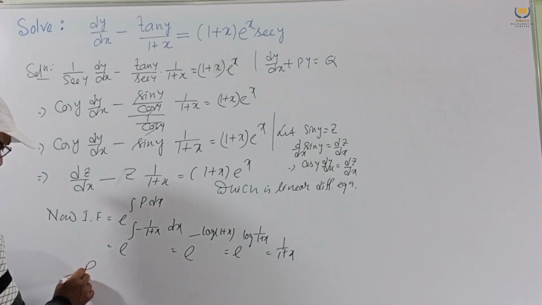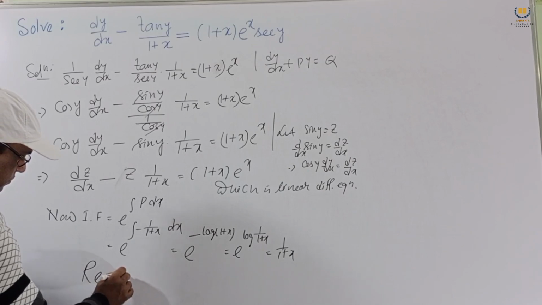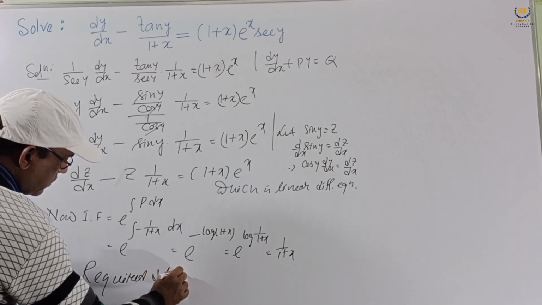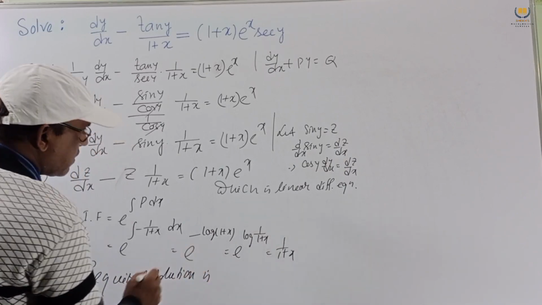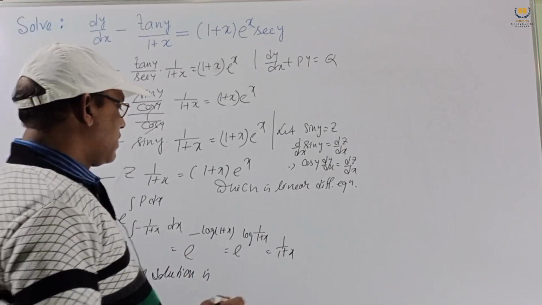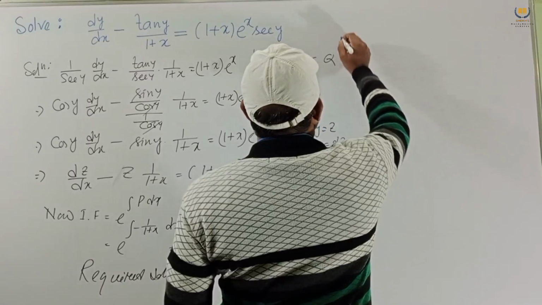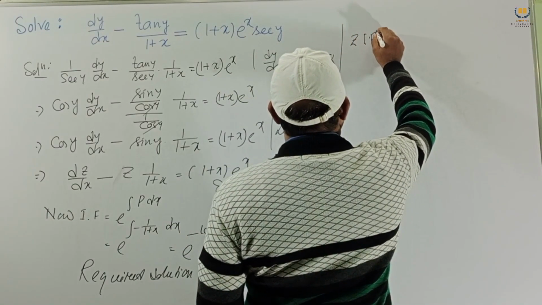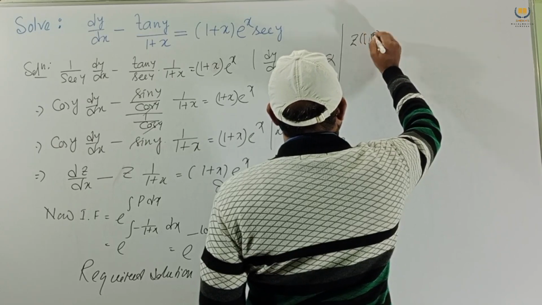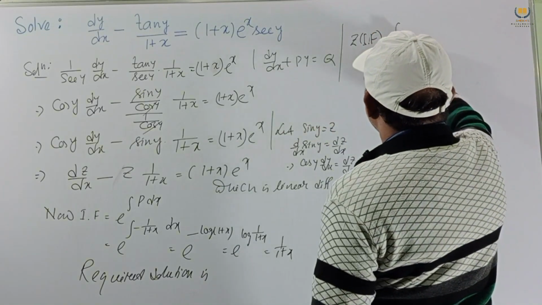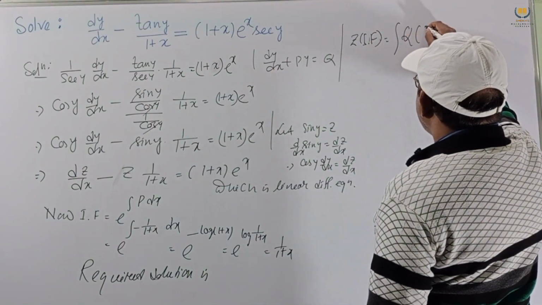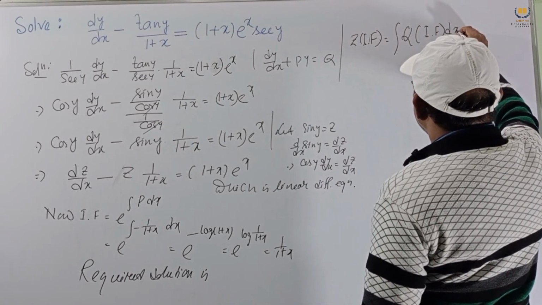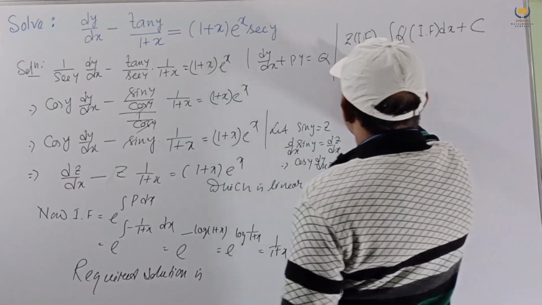Now the required solution. The solution is z into integrating factor equals ∫q into integrating factor dx plus c.